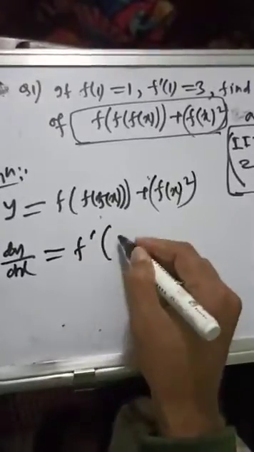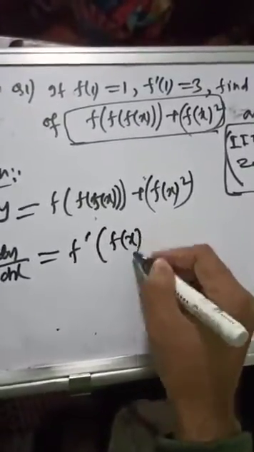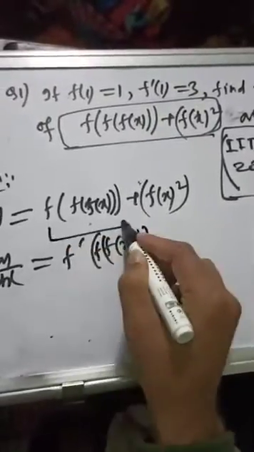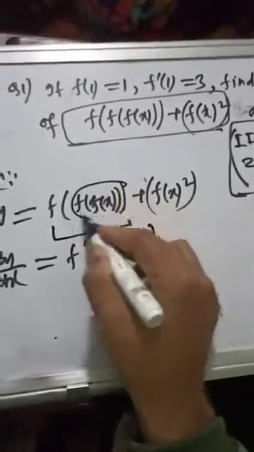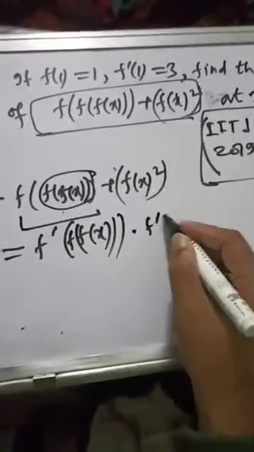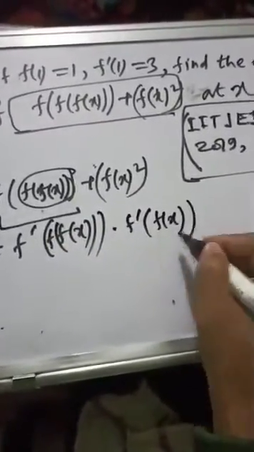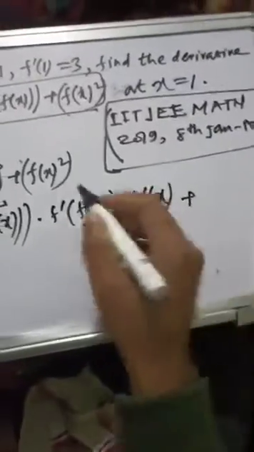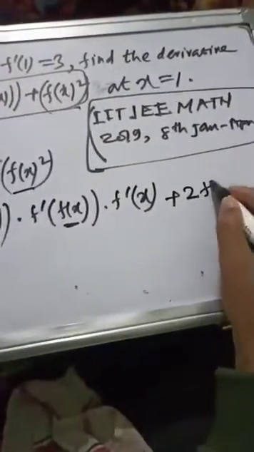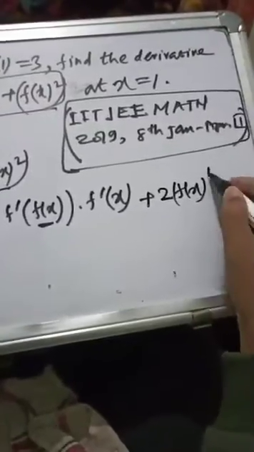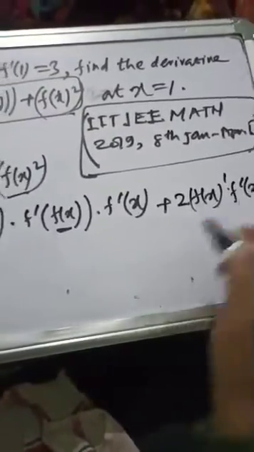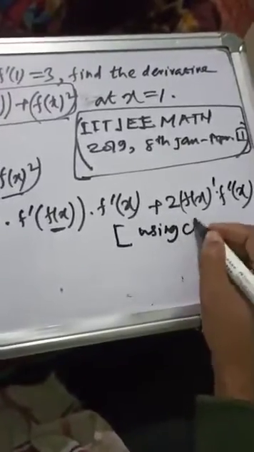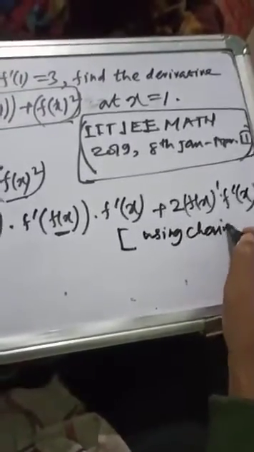Using the chain rule, first we differentiate the outside function, then the inside, so we get f dash x. Next we differentiate the square with the same rule: n times the function to the power n minus 1, so 2 times f x to the power 1 into f dash x, using the chain rule.